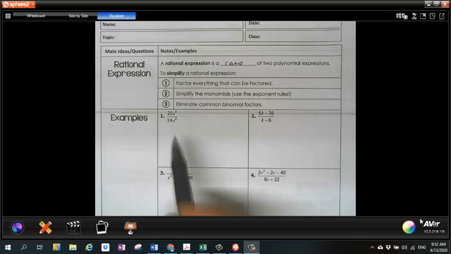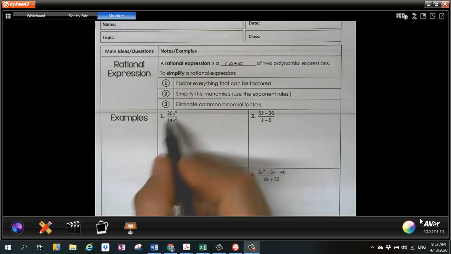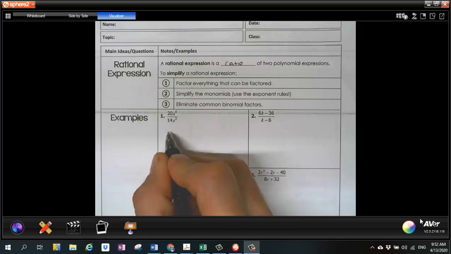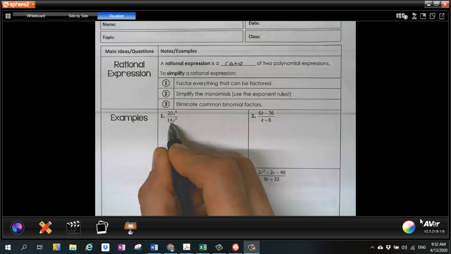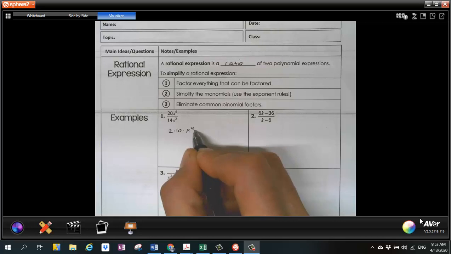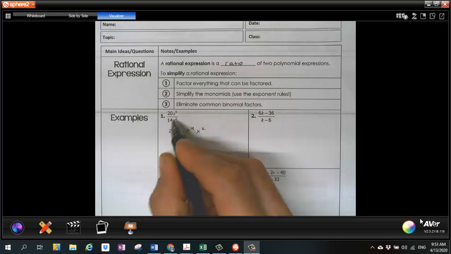So for the first one here, let's pull out anything we can pull out. Let's look for a number that's the same in the top and the bottom. So 2 goes into both, and that's it. So I'm going to make the top 2 times 10 times x to the 4th times x squared, because that's really x to the 6th, right?